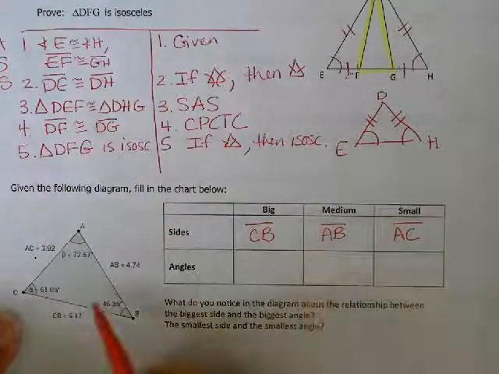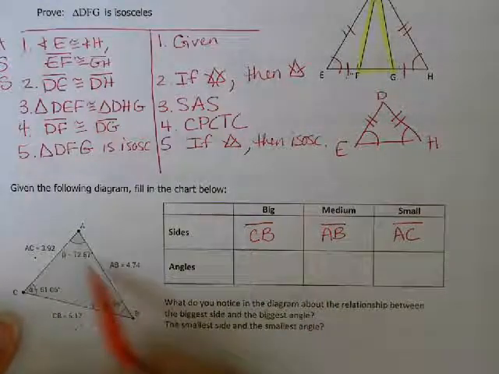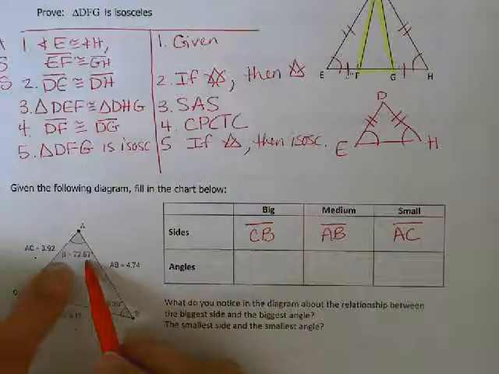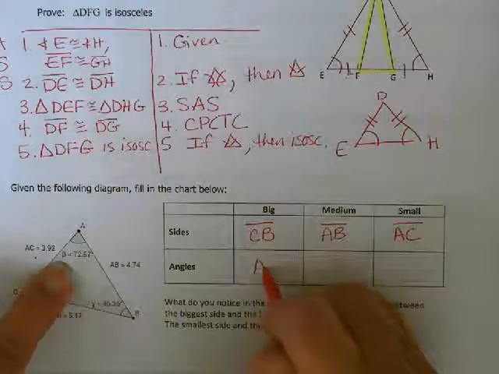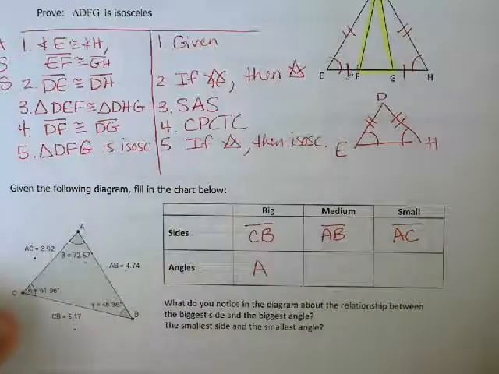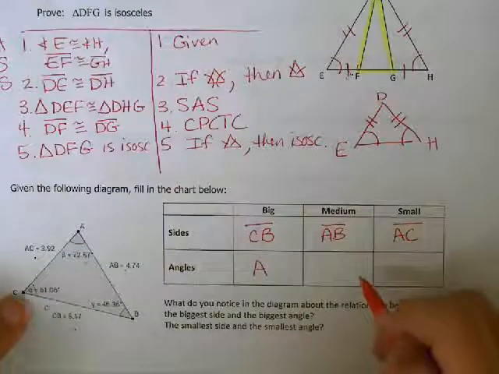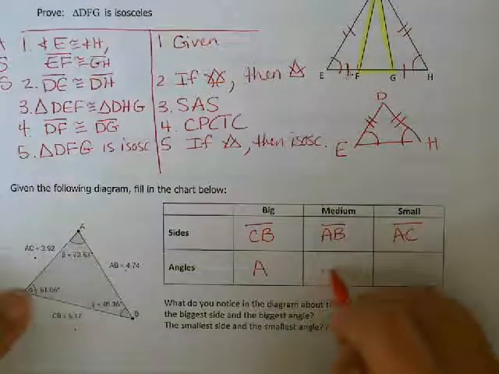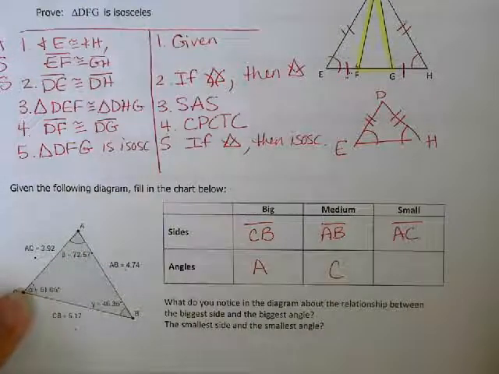And then the biggest angle is angle A, which is 72.57 degrees. And the medium angle is angle C, which is 61.06 degrees.